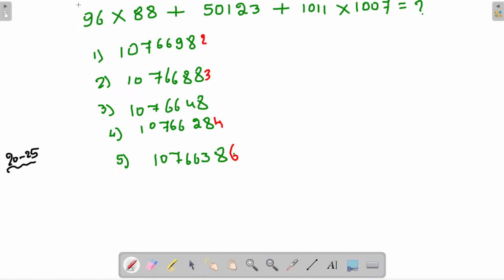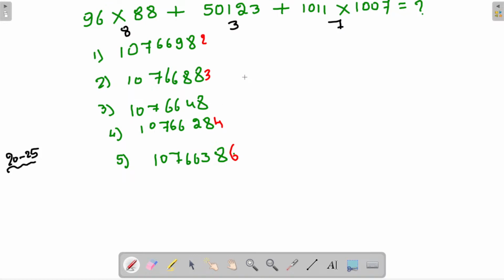I can solve this question using the unit place concept because all unit places are different. Clear? Then I can use 6 8s, 8 is the unit place, here the unit place is 3, here the unit place is 7. Now 3 plus 7 is 10, which means 0, 0 plus 8, the unit place is 8, this is your answer.